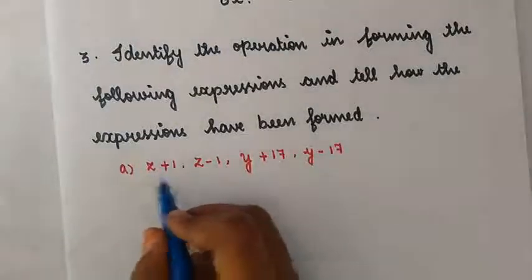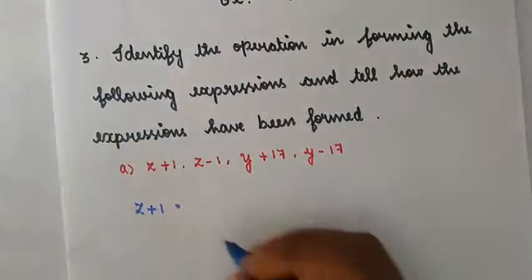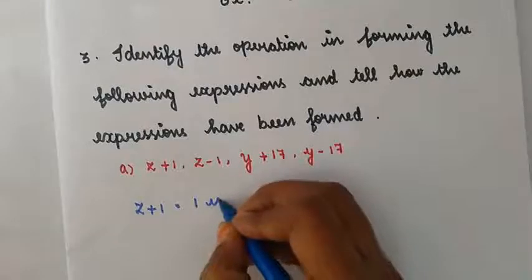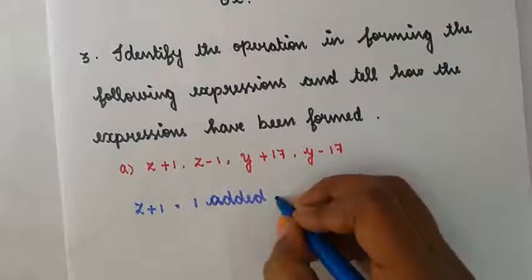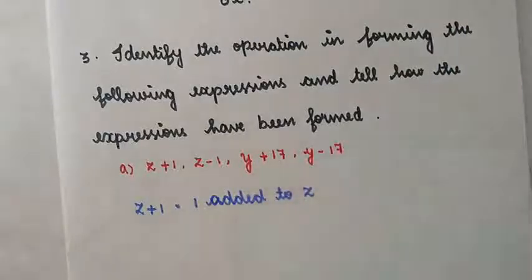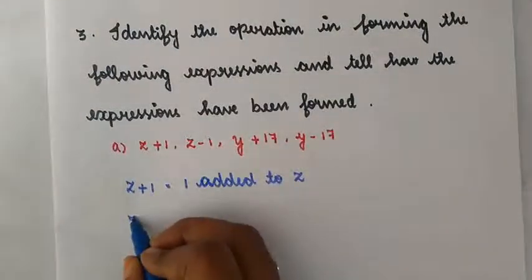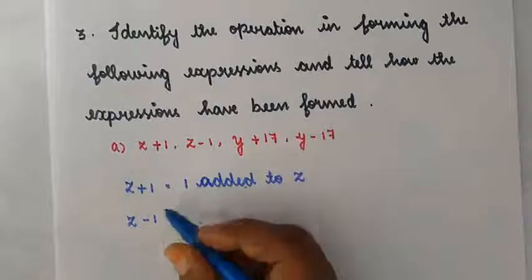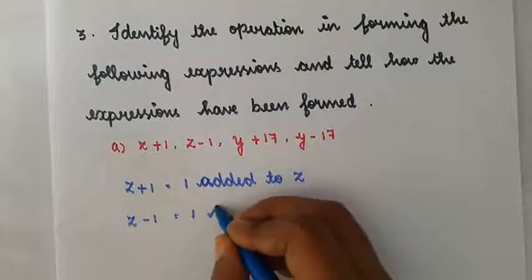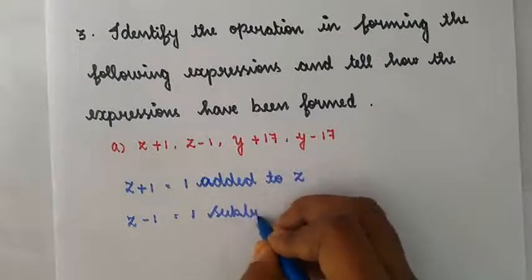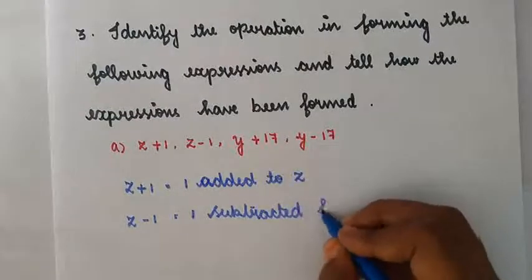Let me take the first term, z plus 1. So we have to write: 1 is added to z. This is the first expression. Next we take the second term, z minus 1. Here how to read? 1 is subtracted from z.